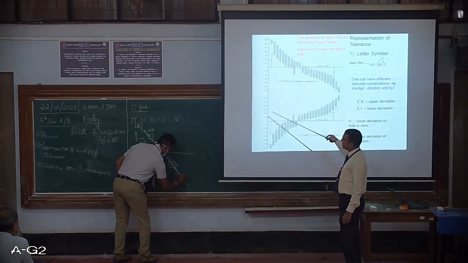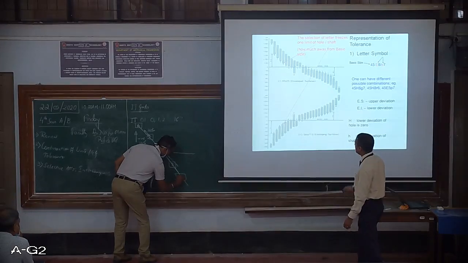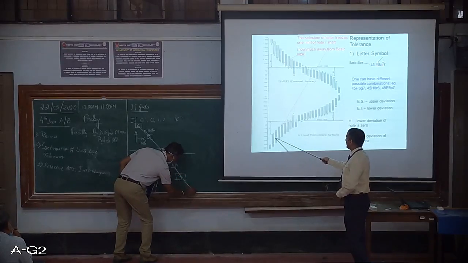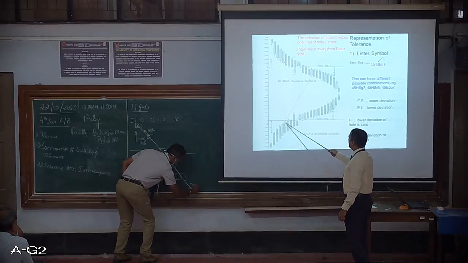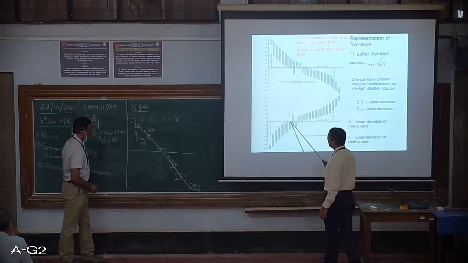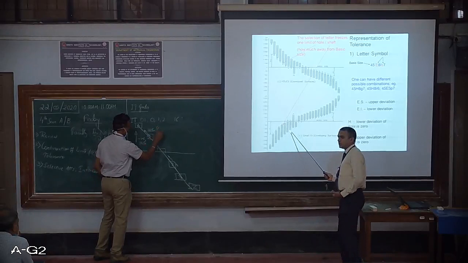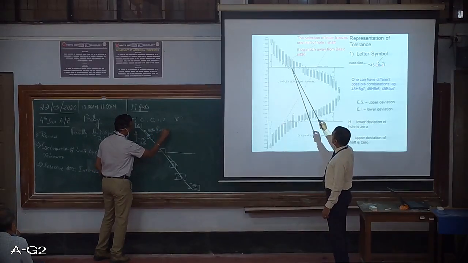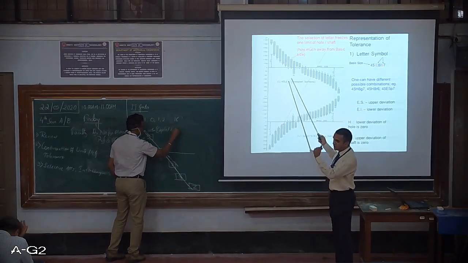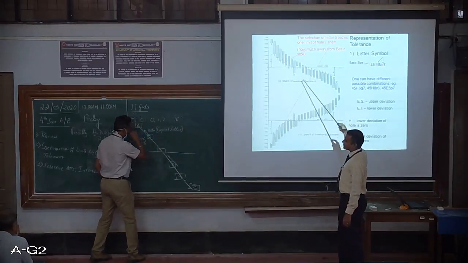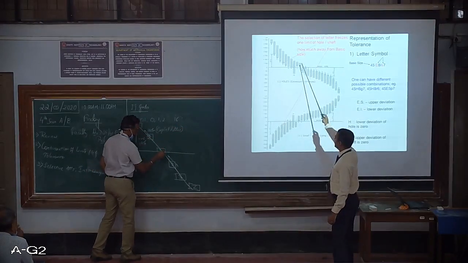In case of positive, it is on the negative side. You can see A is at the bottom below the x-axis, then B, C, D, H again touches the zero line but from the bottom side. So over here you can see hole touches the zero line from the top side. So it is just a mirror image of the representation of hole.